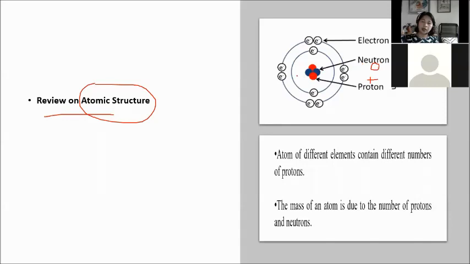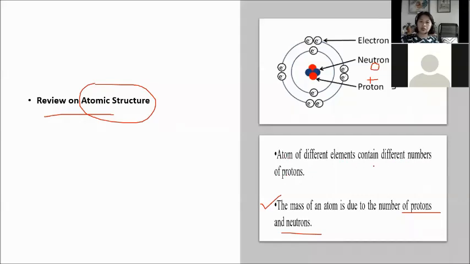So yun ang central part. And revolving around that central part are a number of electrons in different energy levels. Okay, so the mass of an atom is due to the number of protons and neutrons. So yung mass ng atom concentrated sa center. Na yung sa center, nandun yung protons at saka neutrons. And atoms of different elements contain different numbers of protons.